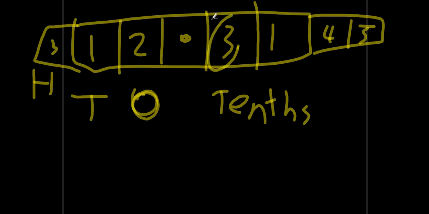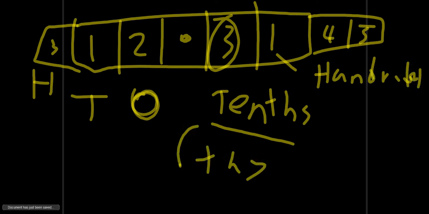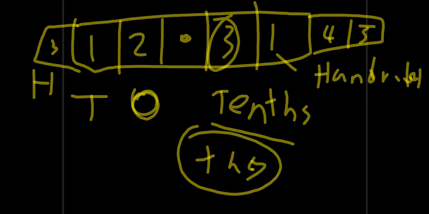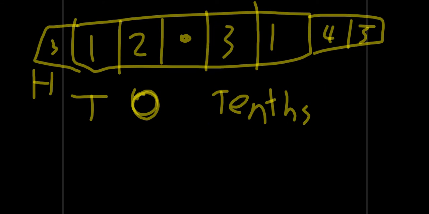If the first digit is tenths, then the second digit will be hundredths. So the "ths" is at the end. They continue: thousandths, ten-thousandths, and so on. And so we understand the different place values of these digits.